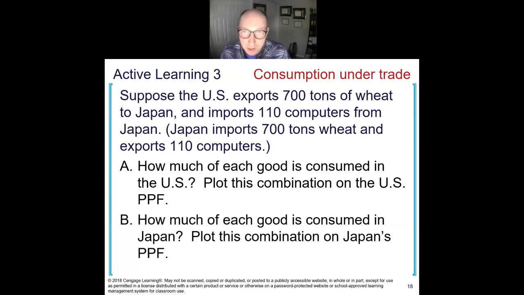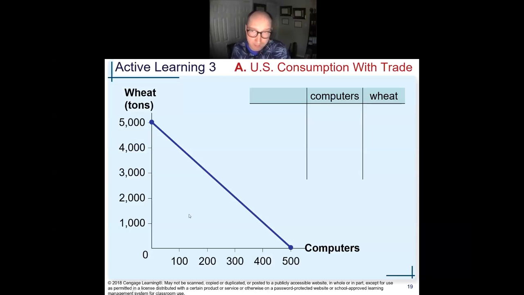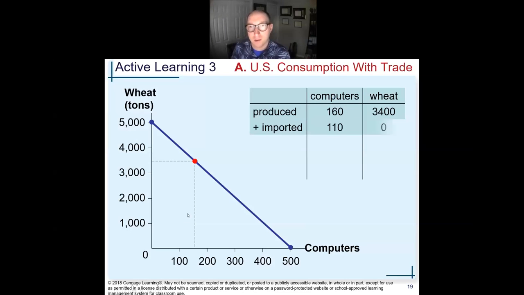So let's say the U.S. exports 700 tons of wheat and imports 110 computers from Japan. How much would be consumed in the United States and how much would be consumed in Japan? So the United States produced 160 computers, we imported another 110. The United States produced 3,400 tons of wheat, we exported 700.